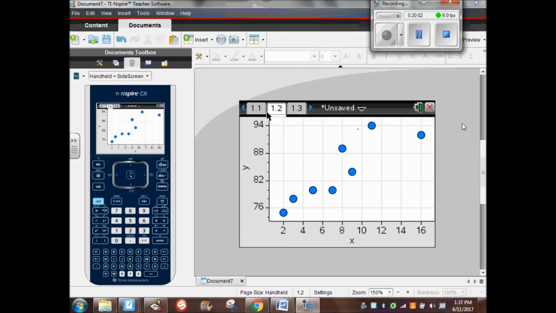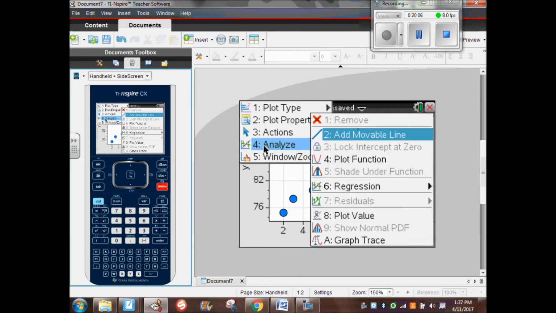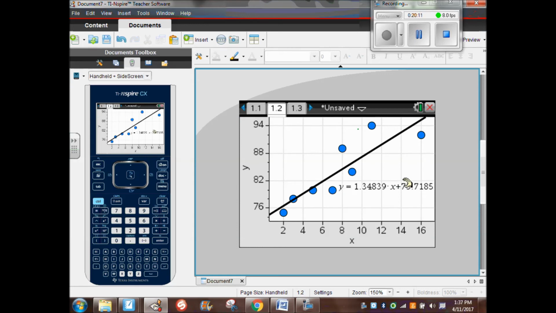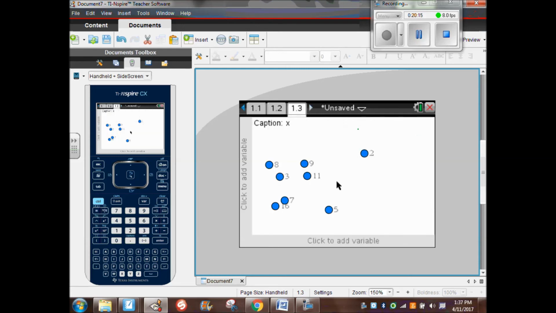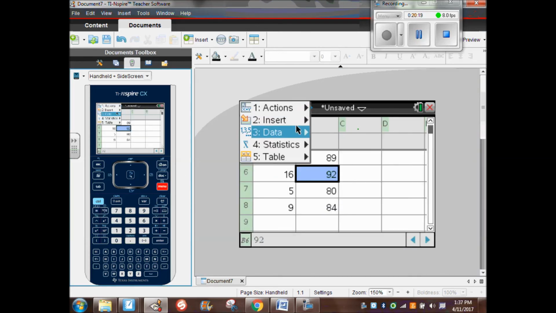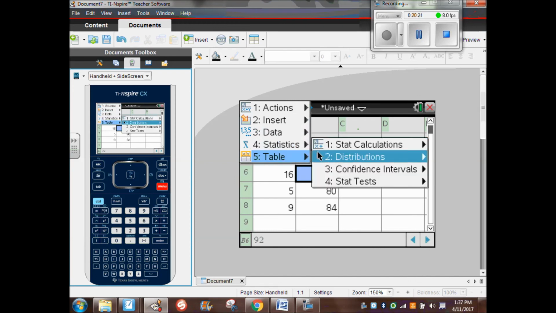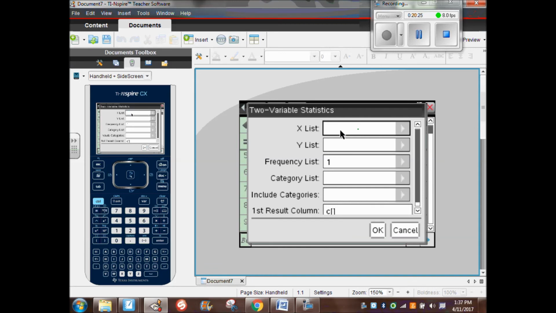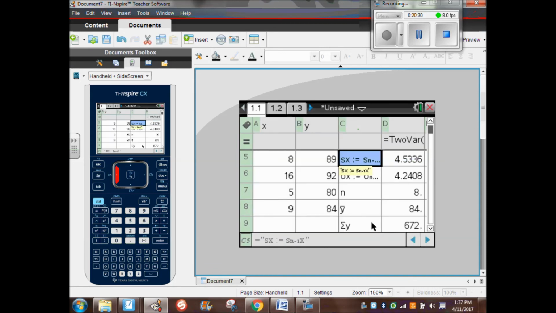Turn this back on. So looking at that, menu, analyze, regression, they want linear. Okay, comes up with that. So we got to jot that down. Then I've got a menu statistics, stat calculations, 2 variables, and find my R value.